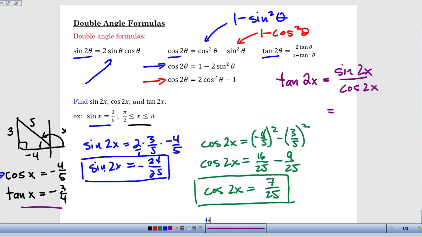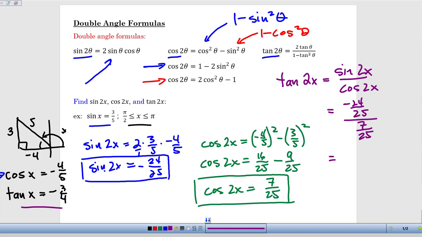So if I do that here, I can do sine of 2x, we found was negative 24/25, divided by the cosine of 2x, which is 7/25. Now that might seem bad as well, but if we recall, we've worked with these types of complex fractions before, so really what we have here is just a division of the top fraction by the bottom fraction.